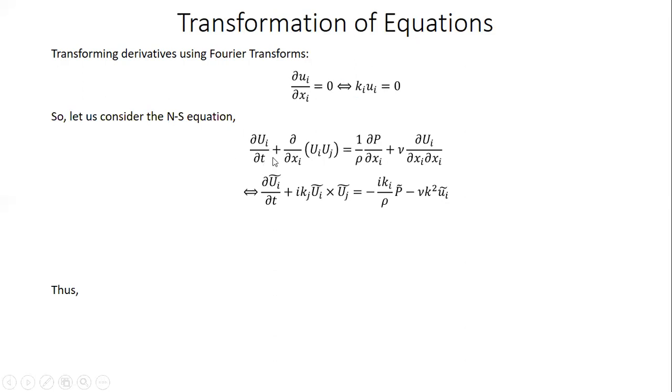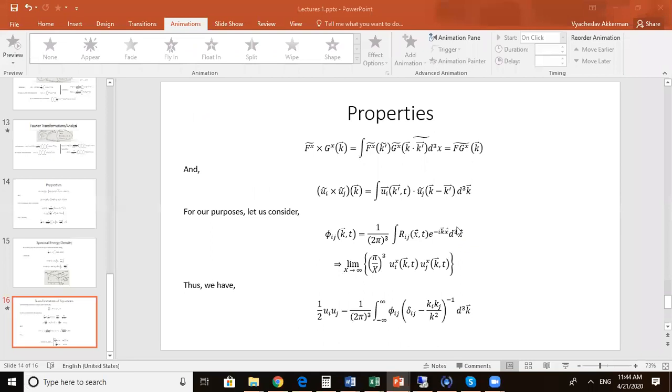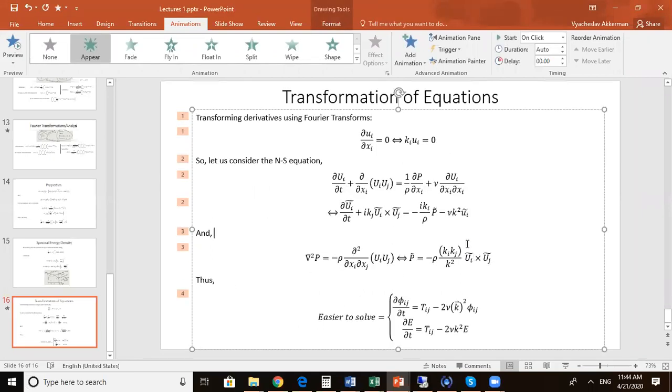Now I make the Fourier transformation of this equation, so I will have the Fourier transformation of each term here. By the way, there should be a typo here, I believe. Yes, I think here it should be u like this.